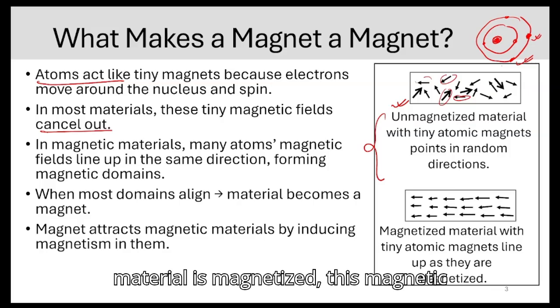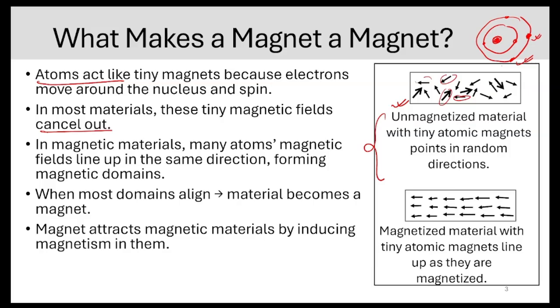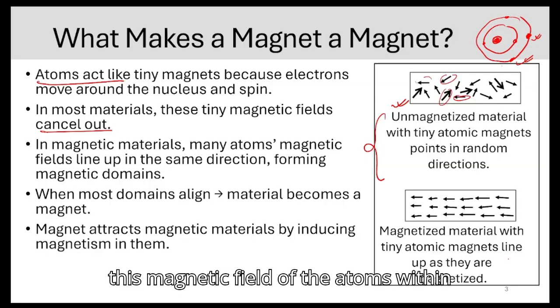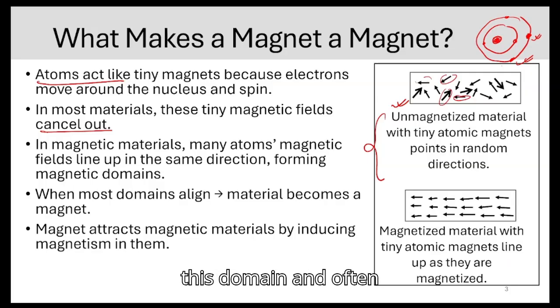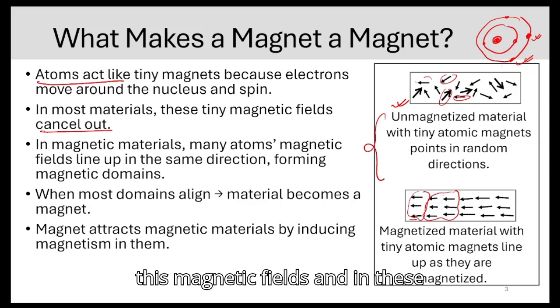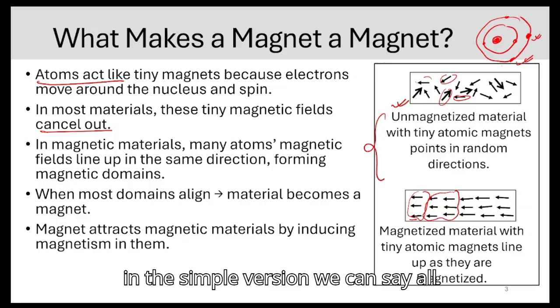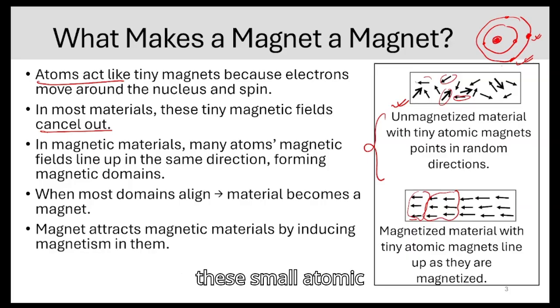When the material is magnetized, the magnetic fields of the atoms within a domain, and often the domains themselves, will align in the same direction. So we have small domains of magnetic fields, and in a simple version, we can say all these small atomic magnets orient in the same direction, and all the magnetic fields are aligned.